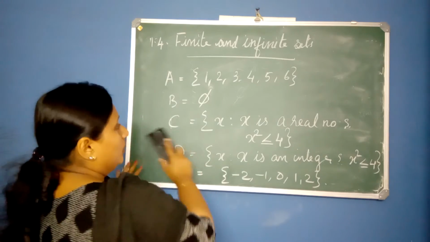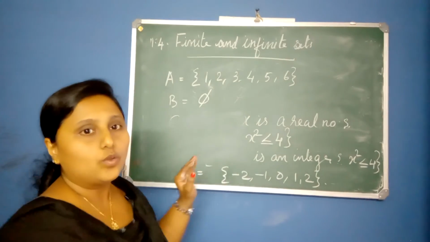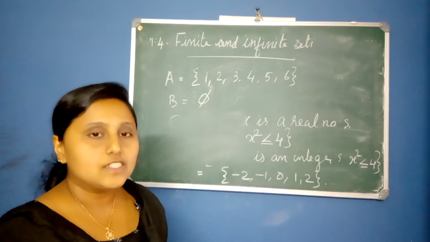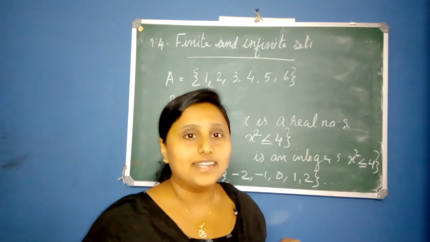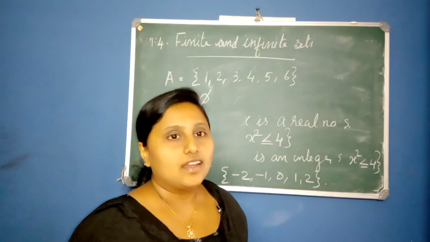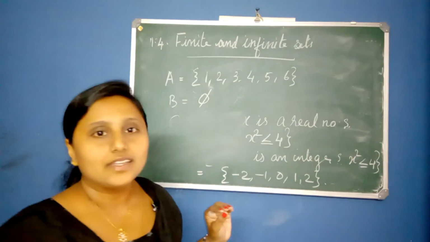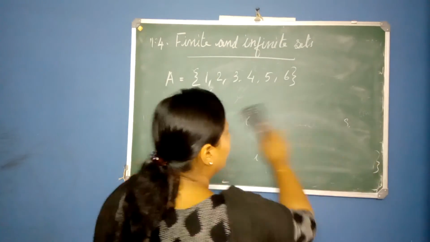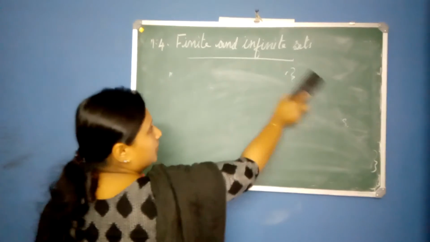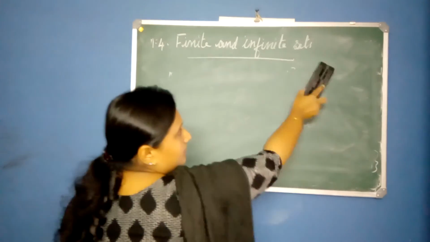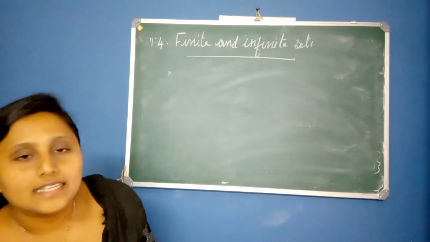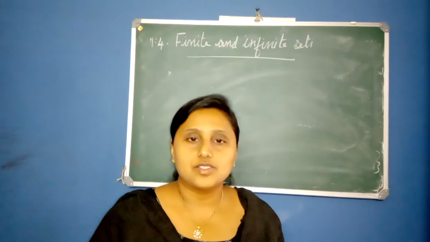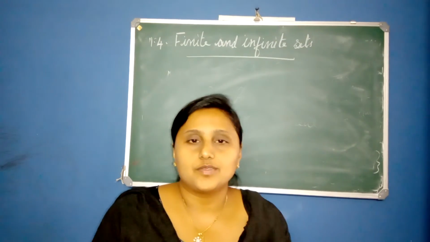So a set with only a finite number of elements or no element is called a finite set, and all the other sets are called infinite sets. A set with an infinite number of elements is called an infinite set. Examples of infinite sets: the set of all natural numbers is an infinite set.